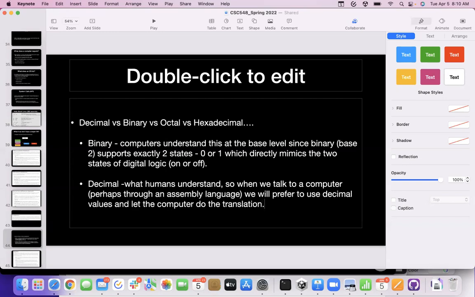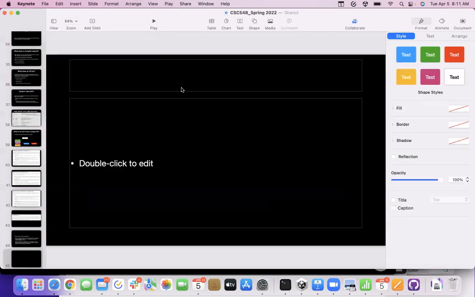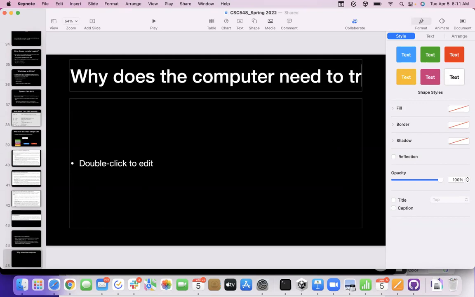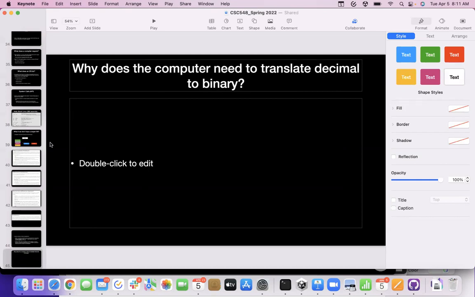Now, the reason the computer has to do the translation, let me just do this on a separate slide. Why does the computer need to translate from decimal to binary? Maybe the human being wants to put the value 71 into a hardware register.